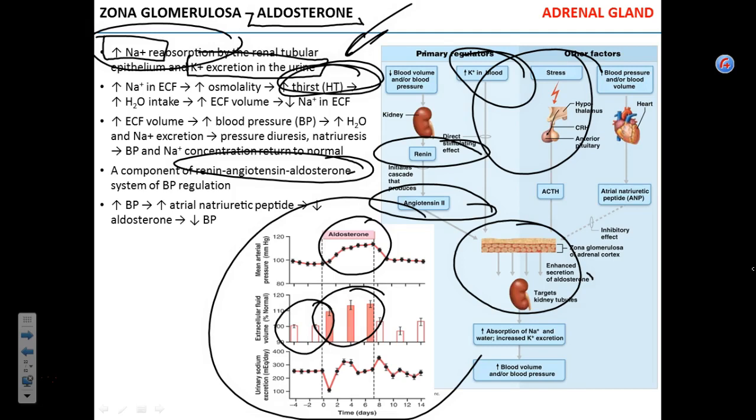Whatever, pick your favorite type of psychological stress. That stimulates, one of the outcomes is stimulation of zona glomerulosa. Aldosterone is directly increased. That directly leads to sodium reabsorption, water going into the blood, elevated blood volume, elevated blood pressure.